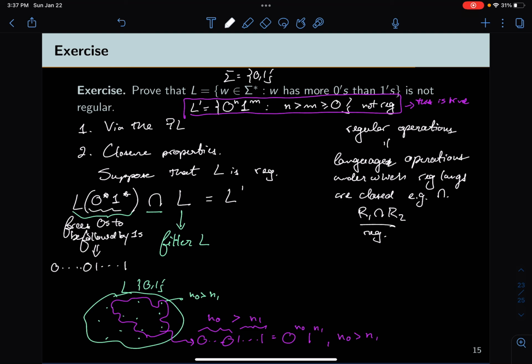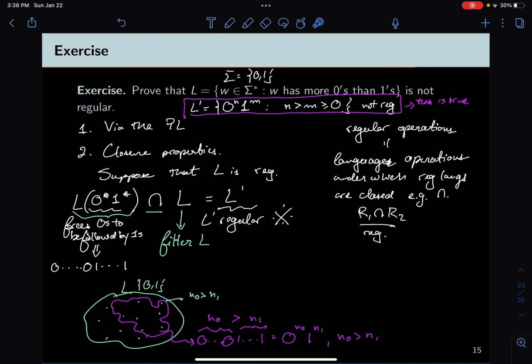Because we assumed that L was regular and this language is regular, if we intersect those two, the output is also regular. That means that L' is regular. But this is a contradiction, because in a previous exercise we proved that L' is not regular.